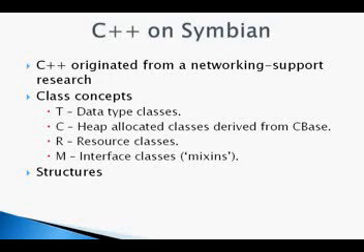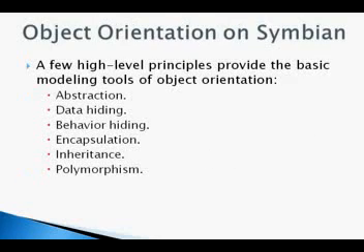Now let's move on to object orientation in Symbian operating system. In object-oriented programming, there are some principles for programmers. They are abstraction, data hiding, behavior hiding, encapsulation, inheritance, and polymorphism. This object orientation is an approach to design and programming rather than a fixed methodology.